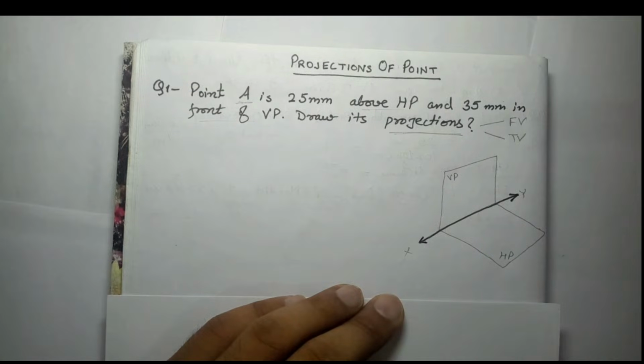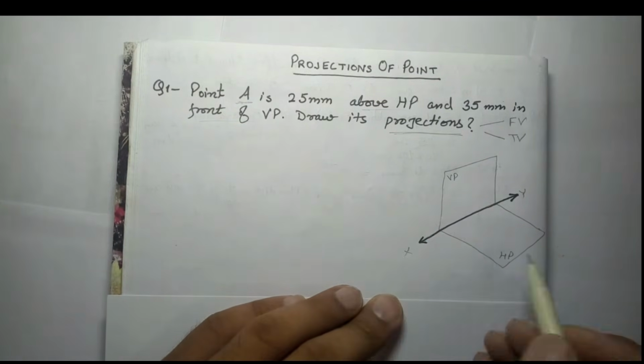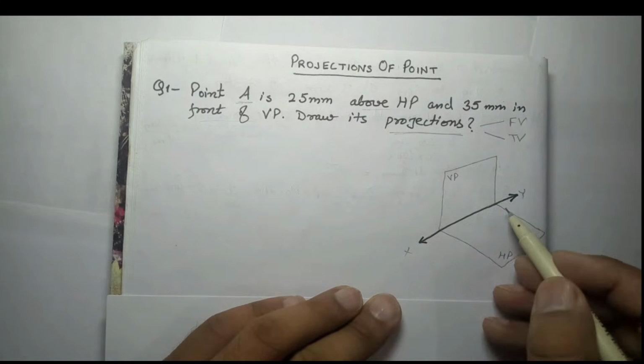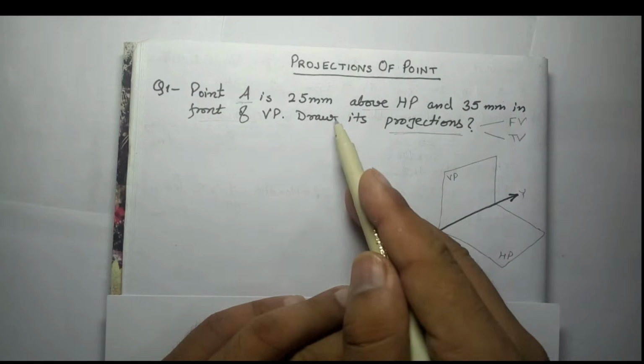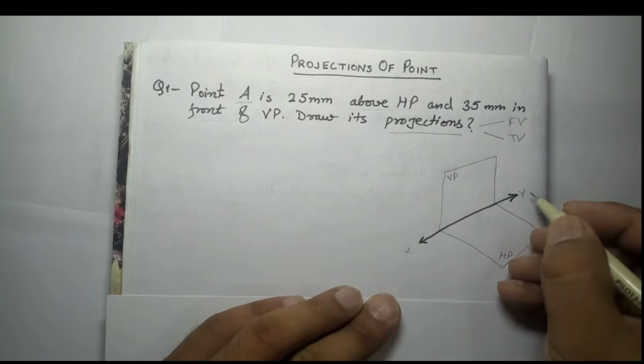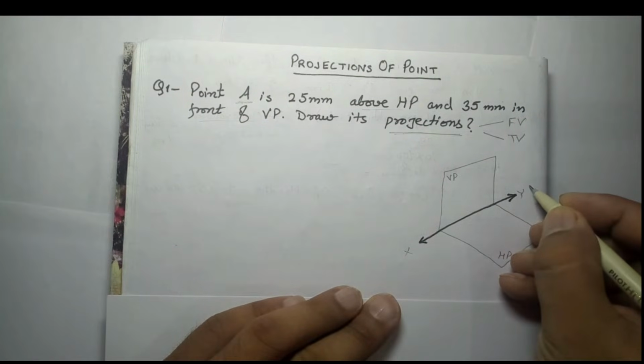Now as per the question, point A is 25 above HP. So I have drawn the XY line. I have considered this the HP plane, and this the VP plane. 25 above HP, so from HP I take 25 upward. So let's say I have taken this point.